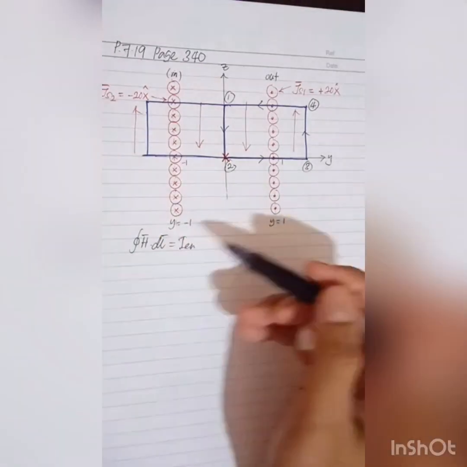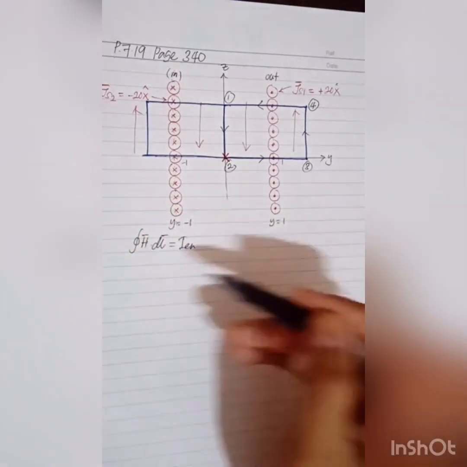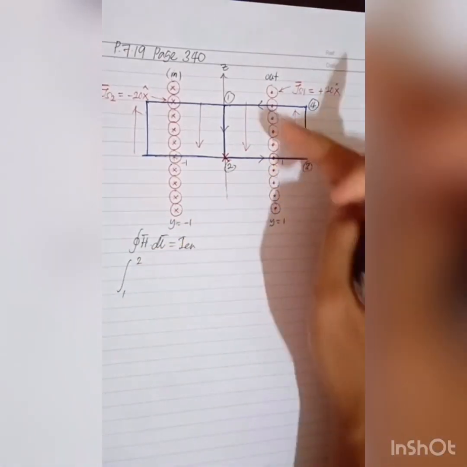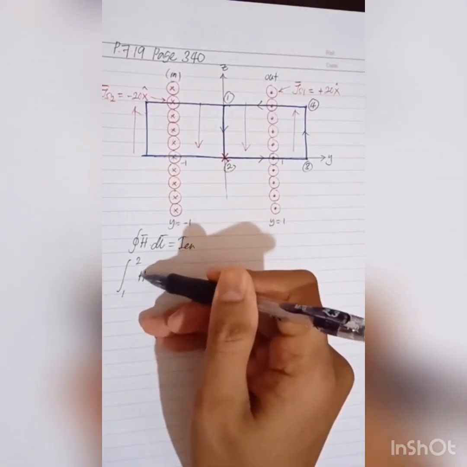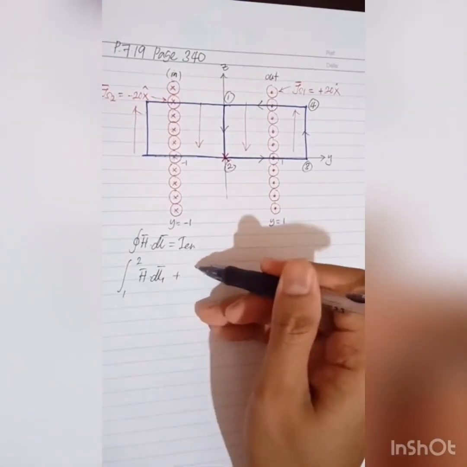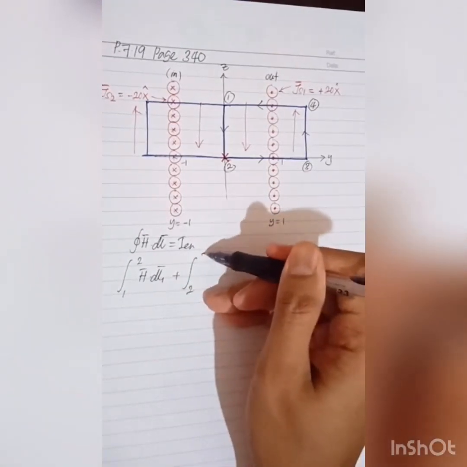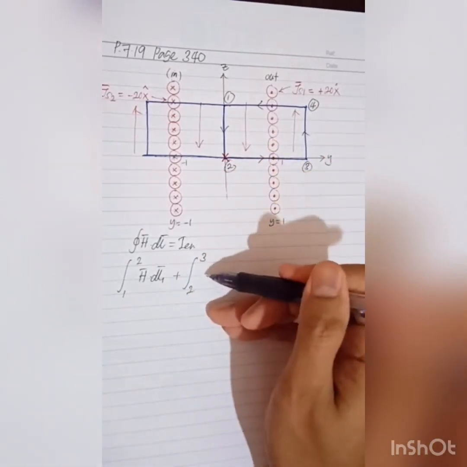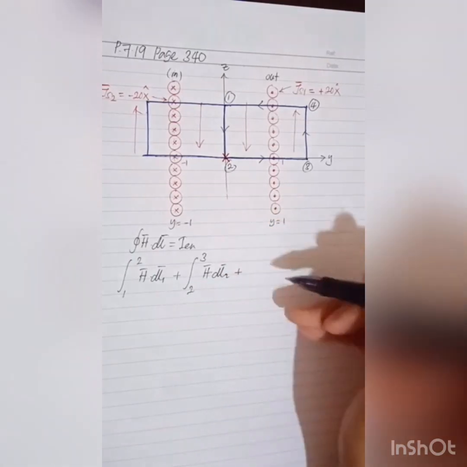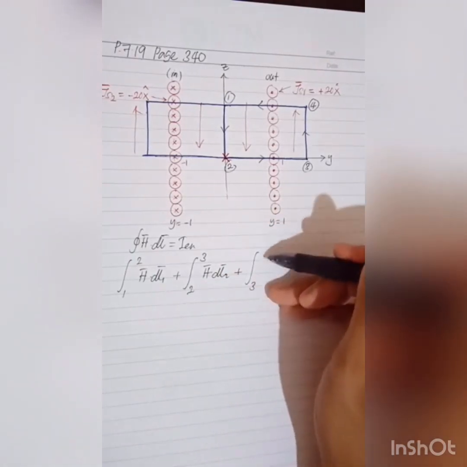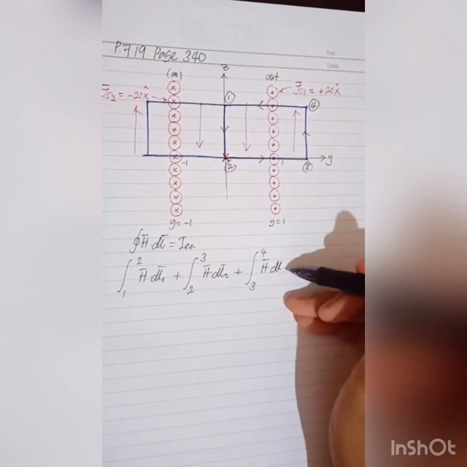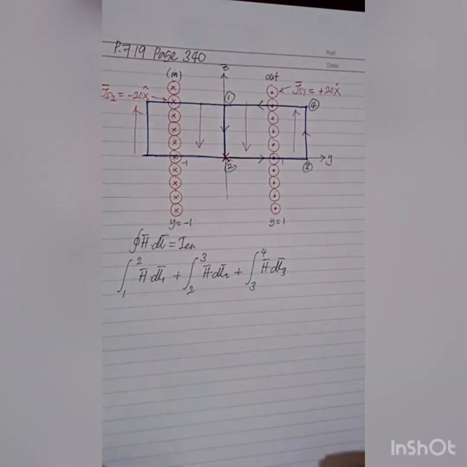Okay, so now let's split into 4. The first one here is from point 1 to point 2, right? And here we have H dot dl number 1 for the first path, and then plus the second path from 2 to 3, again H dot dl number 2, and then plus the third path from 3 to 4, again H dot dl number 3, which is for path number 3.